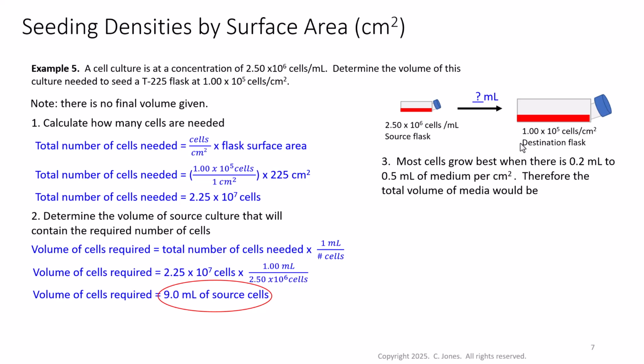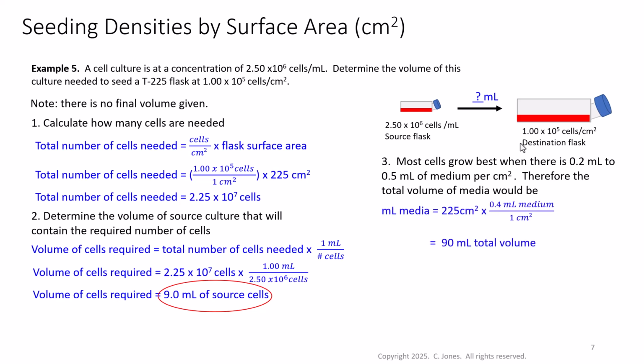Someplace between 0.2 mils and 0.5 mils of media per centimeter squared is the optimal amount. And you would have to determine whether it's 0.2 or 0.3 or 0.4 or 0.35 or whatever mils per centimeter squared experimentally. That's what process development might do for you.